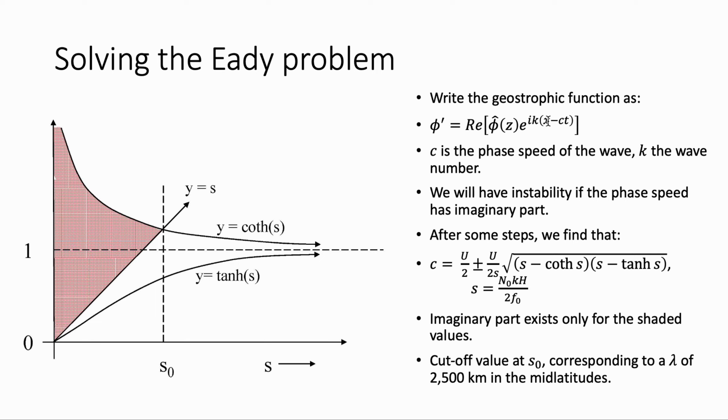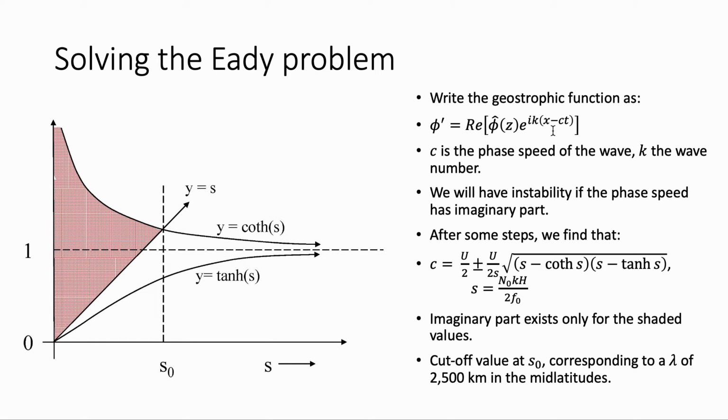If the imaginary part over here is such that it produces a negative real part, then the solution phi prime just dies off to 0. But on the other hand, if this is imaginary, which gives another, with the imaginary unit here, it gives a real number, and we can show that the real number is positive, then this leads to an exponential growth. And so something that starts off as a small perturbation becomes really, really big, which is exactly what we're after.